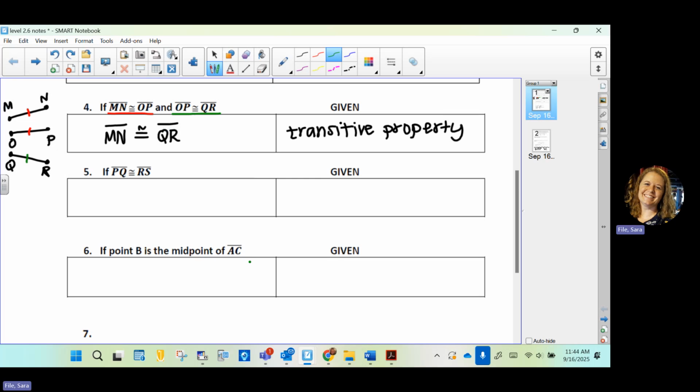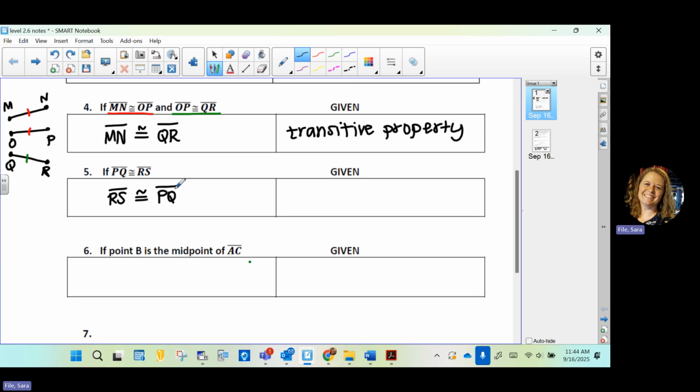All right, number 5 says if segment PQ is congruent to segment RS, what can I get from that? Now, if I don't have any other information besides these two segments are congruent, I really can't get much, but I could reverse it and know that it's still true. I could put RS is congruent to PQ.